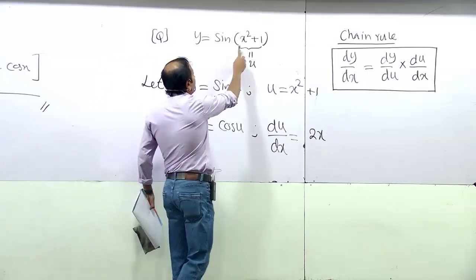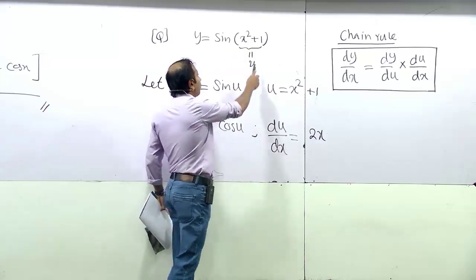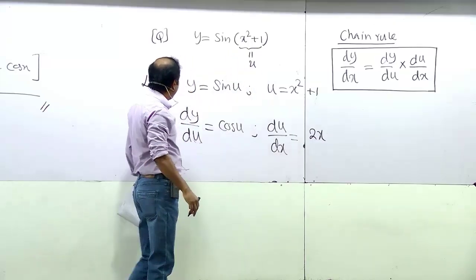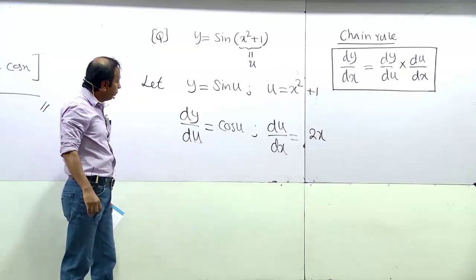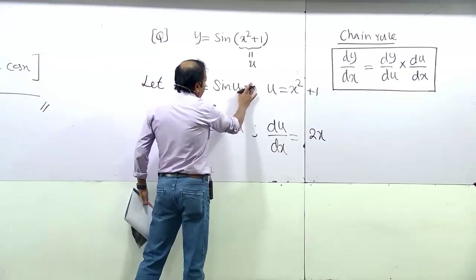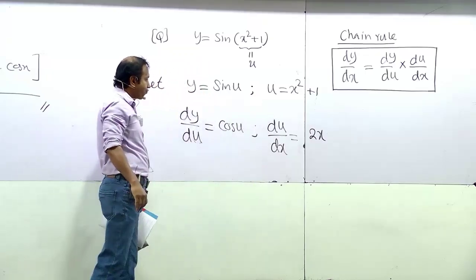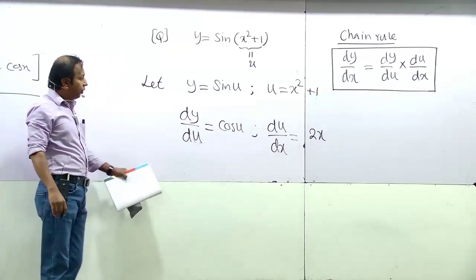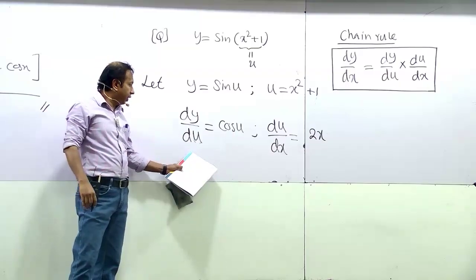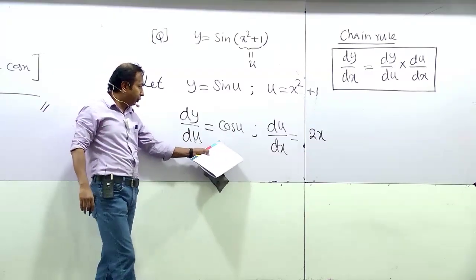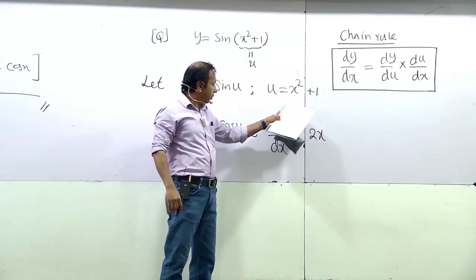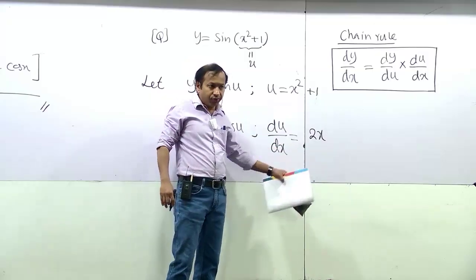y equals sin of (x square plus 1). This we take as u. Then we have y equals sin u, where u equals x square plus 1. Now this function we can differentiate. We can find dy over du, we get cos u. For du over dx, we get 2x.